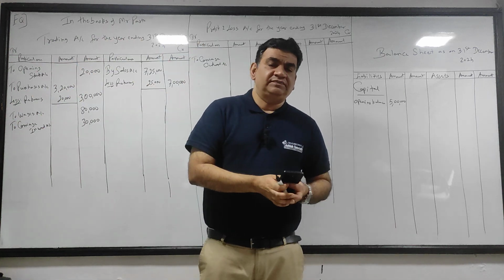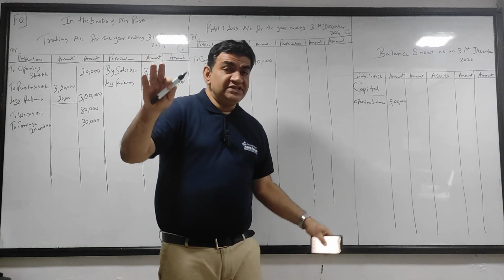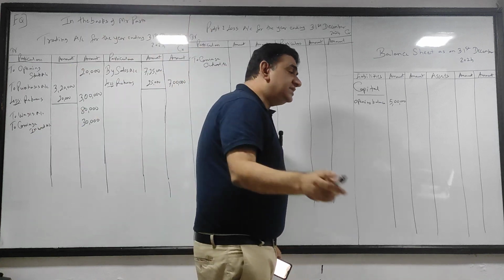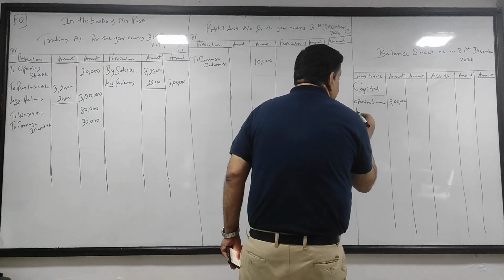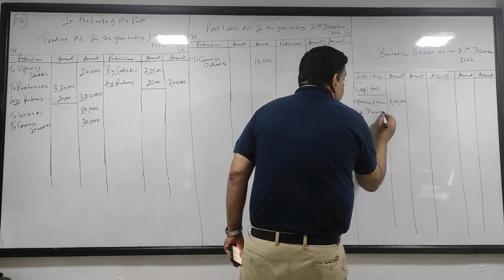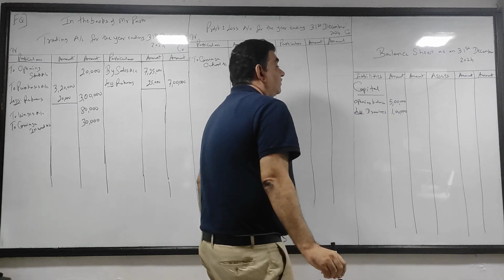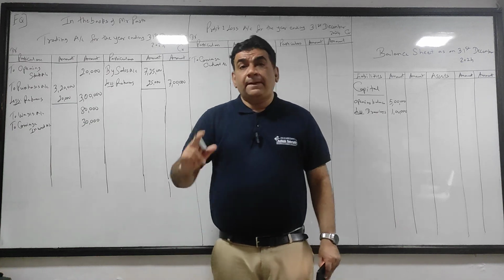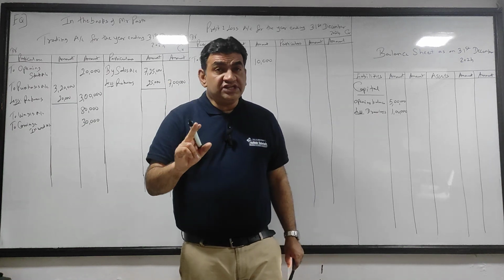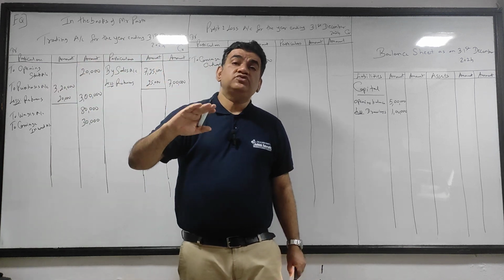So logic देखो, ये ओनर को देना है, इसमें से 1 लाख ओनर लेके जा रहा है. So drawings will always be deducted from capital. So drawings you will minus from capital. Why? Business expense रहेगा, you will debit trading P&L, but personal expense है, so जो पैसा हमें ओनर को देना है उसमें से उसको डिडक्ट कर लो.